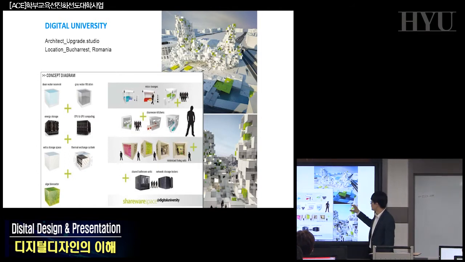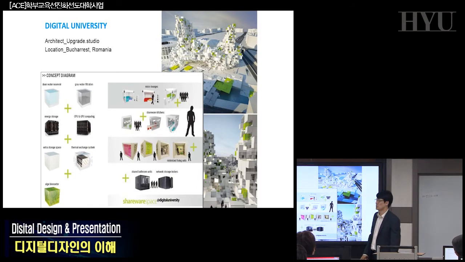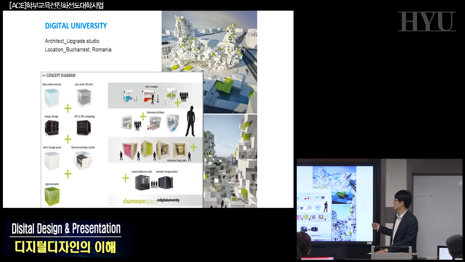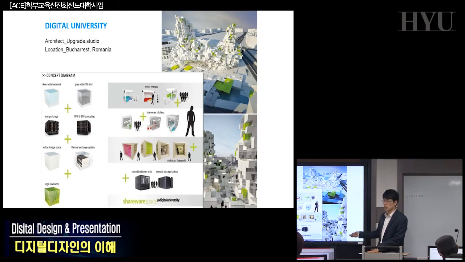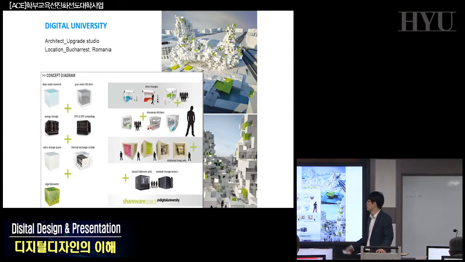When we stack those pixels, cubes, we can generate any type of building shape. Totally different shapes you can make for the building. Anyway, this concept diagram is intuitive and easy to understand. Its function, its shape, building mechanism, and so on.